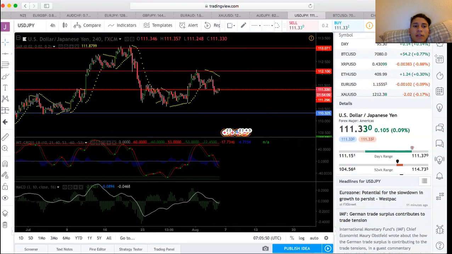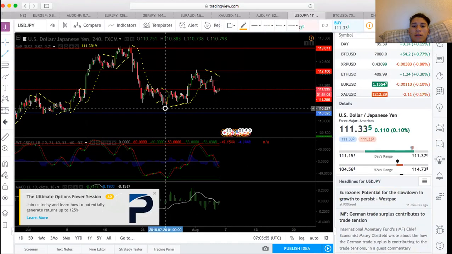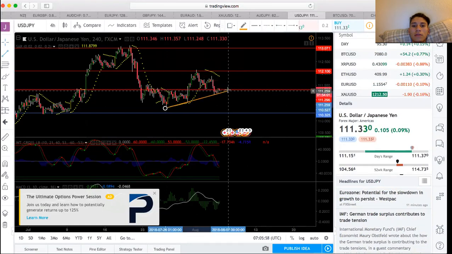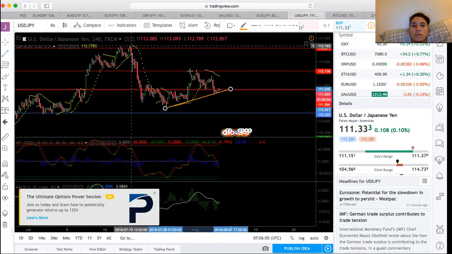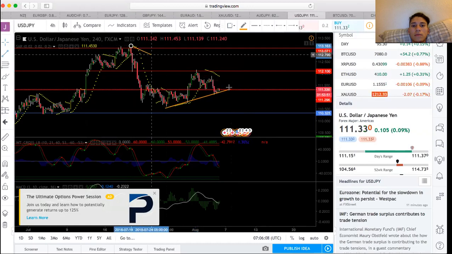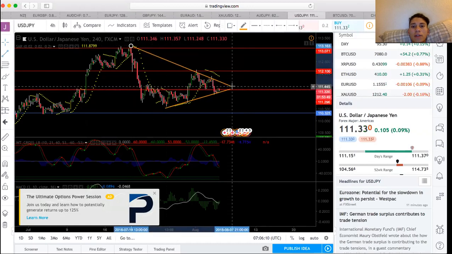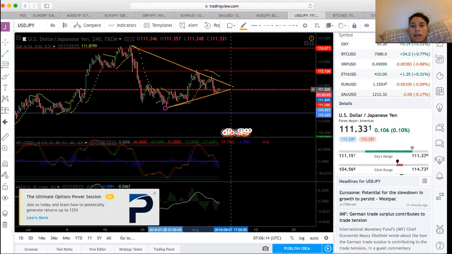Like I said, I only trade when I see a perfect setup. I would just draw trend lines and try to figure out where it's going. You could see a good triangle being formed out of this. If you guys know how to trade a triangle, you know that there's about to be a breakout pretty soon.